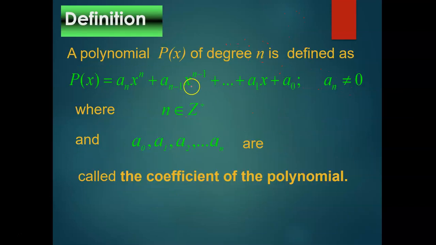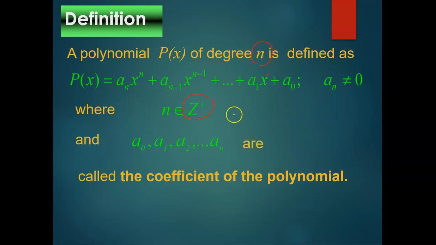So this is the definition: polynomial P(x) of degree n is defined by P(x) equals a_n x^n plus a_(n-1) x^(n-1) plus, up until you get a_1 x^1 plus a_0, where n is a positive integer.